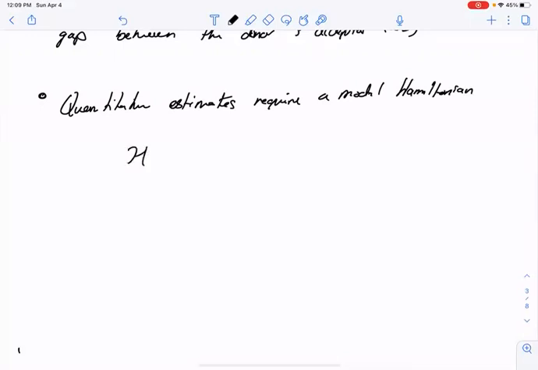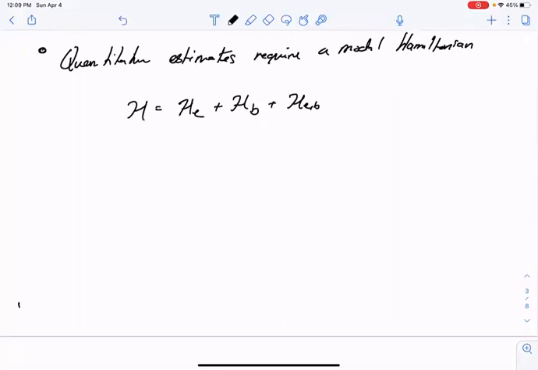So a generic form for a Hamiltonian for the system would be a Hamiltonian for the electron, a Hamiltonian for the surrounding polar environment, some bath Hamiltonian, and a coupling between the two. So the electron Hamiltonian is simple.